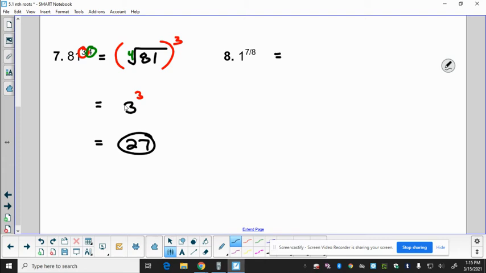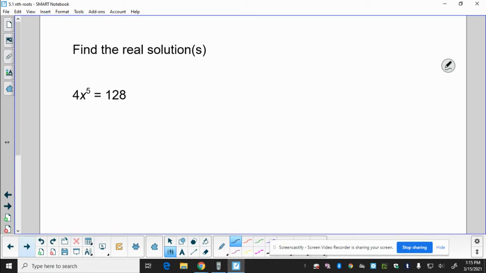Number 8, easy problem. 1 to any power is 1. Now let's solve equations. We need to remember that we work backwards through the order of operations. Okay, everybody? So step number 1 is to do your addition or subtraction.